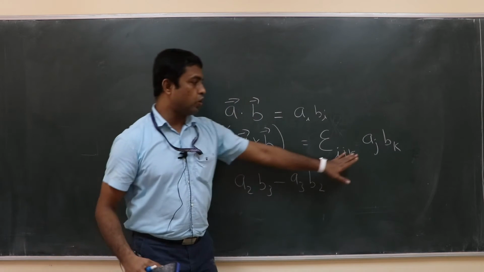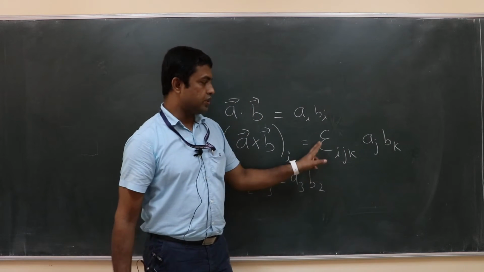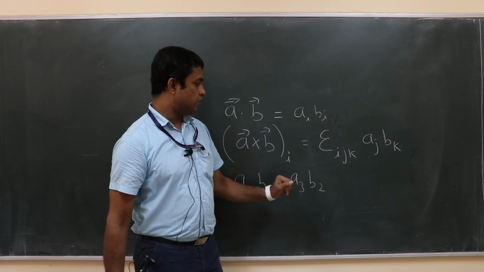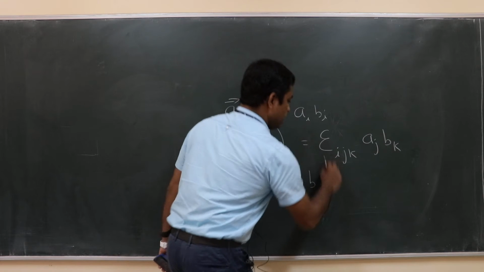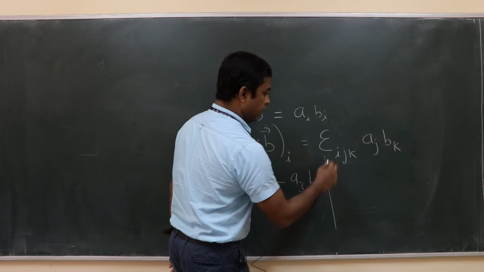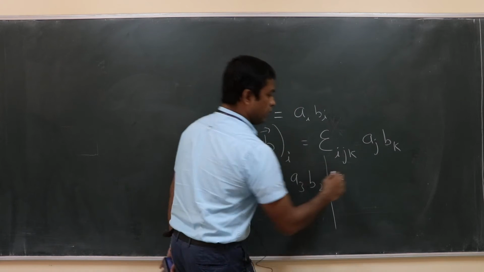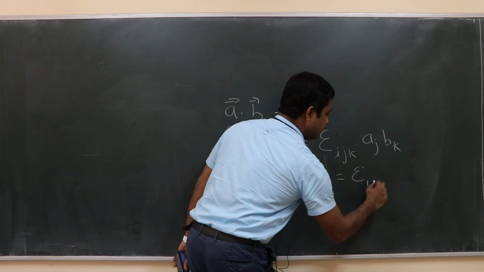So now let us look at the Levi-Civita symbol. The ith component of this, suppose i is 1. So i is 1, and this is equal to epsilon 1jk.